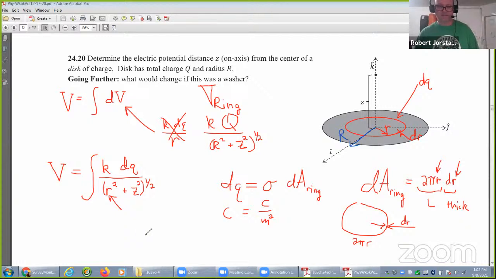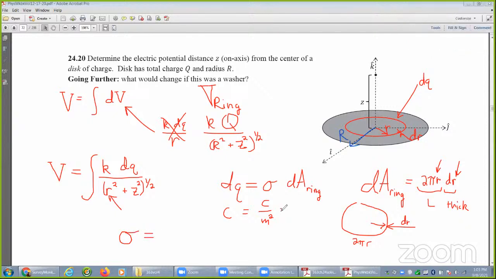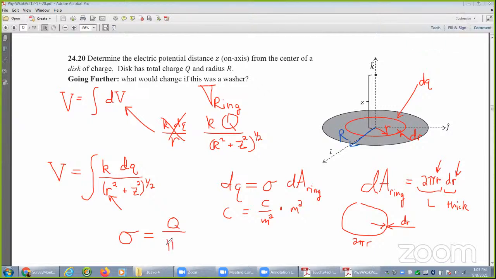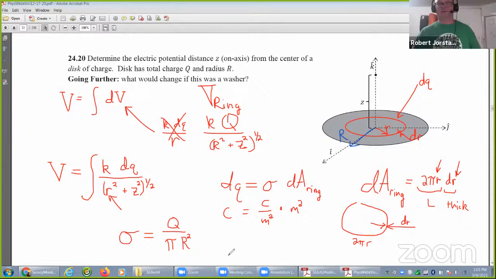Do we know what sigma is? Q over the area. What's the area in this case? Pi r squared. Which r? Big R. Yep. So great, that's just some integral you could do.